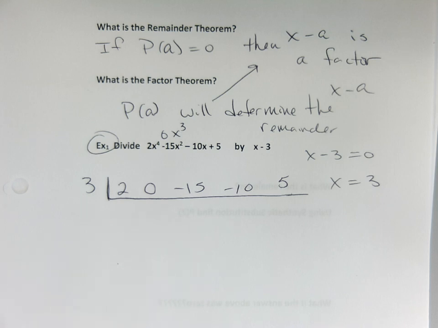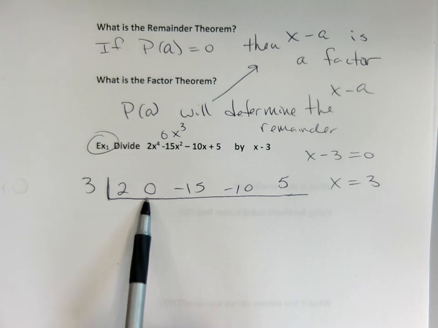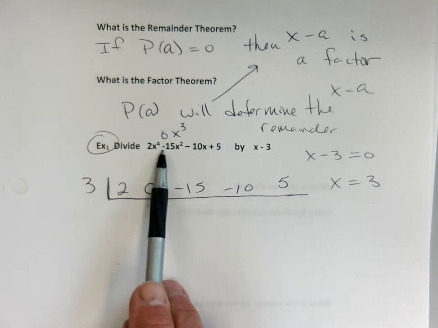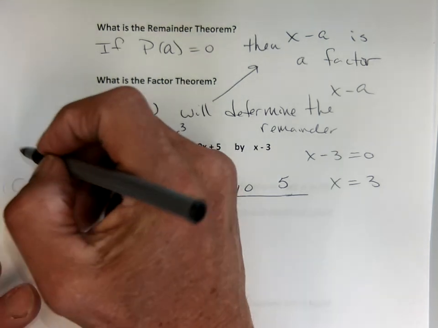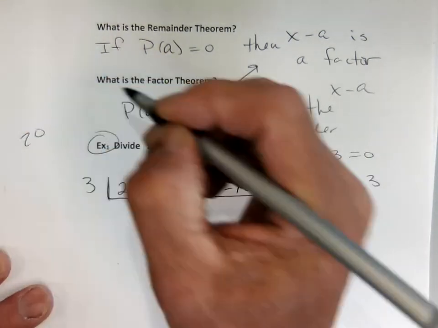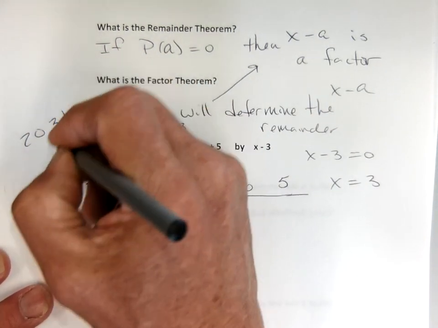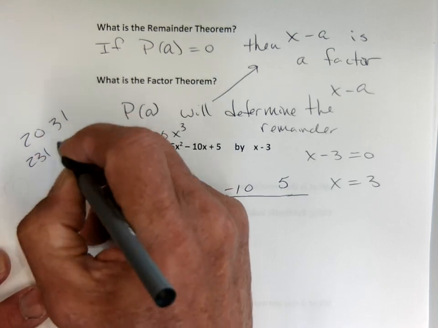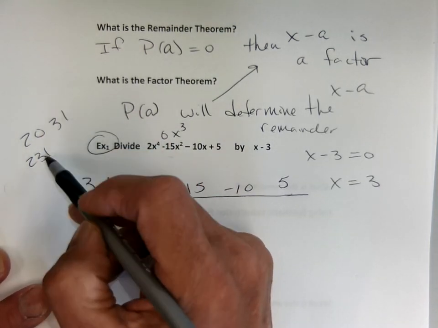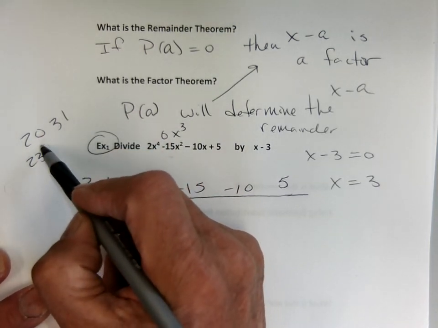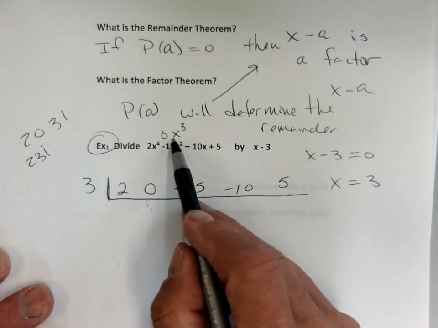So you just put the coefficients. Don't forget 0 is a place value for the cubes. You have to have it there. Just like regular numbers, if I had, let's say, 2031, right, different numbers. Agree? Totally different numbers. You have to have a 0 for that 100 spot. You have to have a 0 here for the cube spot, okay?